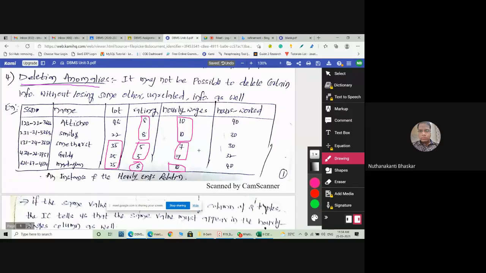Now for hours worked, 40 appears 2 times, 30 appears 2 times, and 32 is unique. These are the numbers in the given table. It means redundant data is there, values appearing more than one time. This is our observation from this example, the hourly employees relation. Clear?